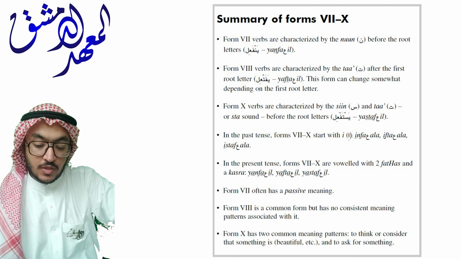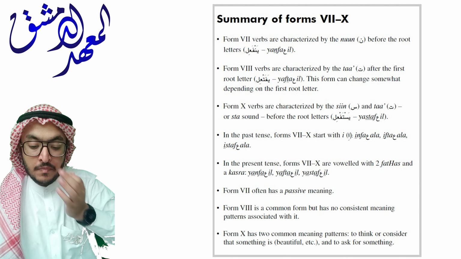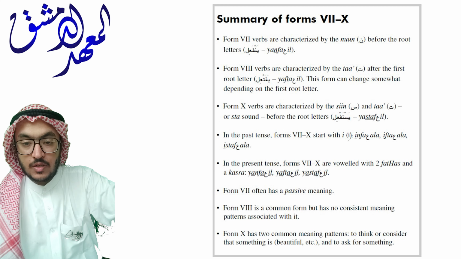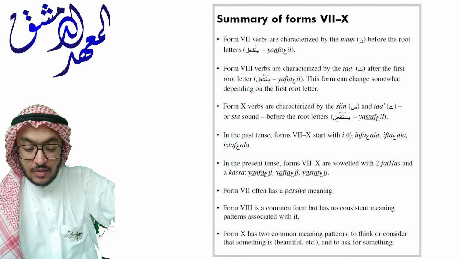Form 10 verbs are characterized by the seen and ta or the sta sound before the root letter, yastaf'il. In the past tense, form 7 to 10 start with infa'ala, ifta'ala, istafa'ala. In the present tense, form 7 to 10 are voweled with two fathas, a kasra, yanfa'il, yafta'il, yastaf'il.